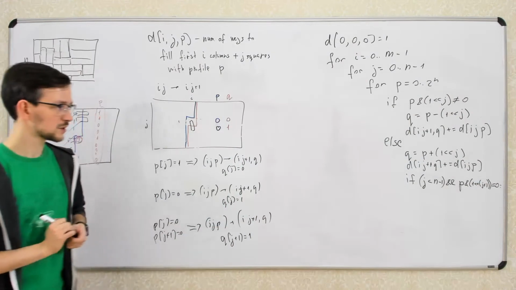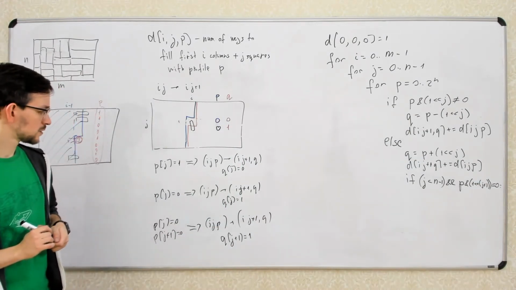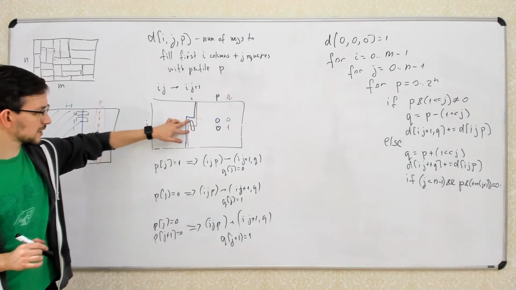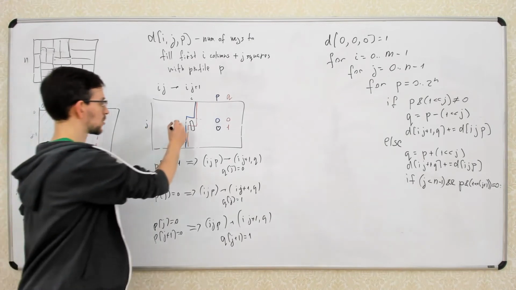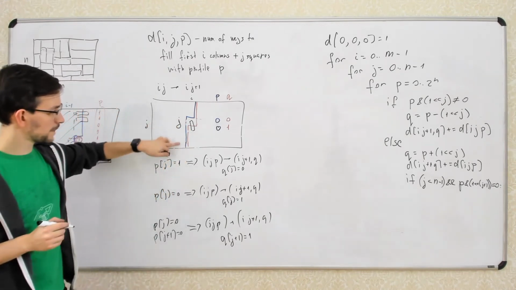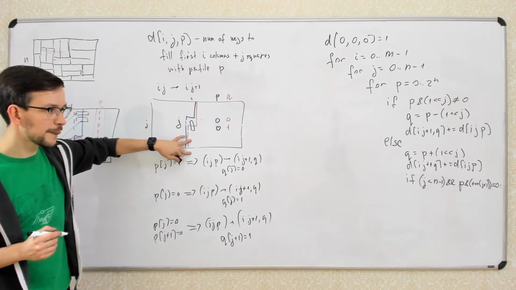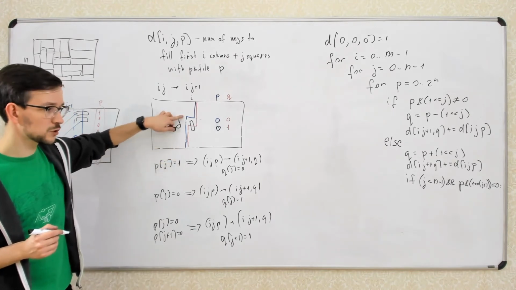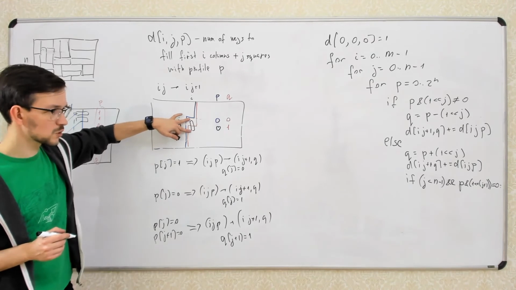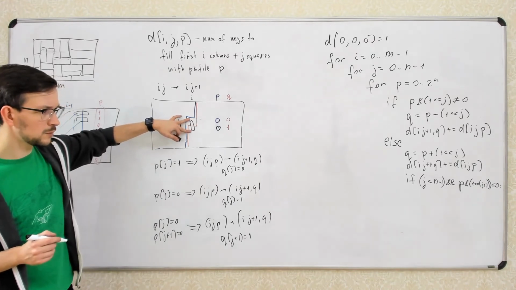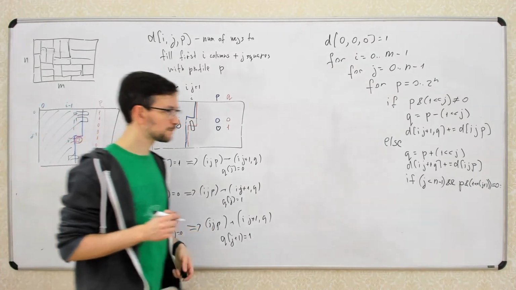Sounds like that. So this is when we need to place this vertical tile. If j is the last row, then we can't place this vertical tile here. So we check that j is not the last and both these squares are empty. Looks fine. So make this transition.